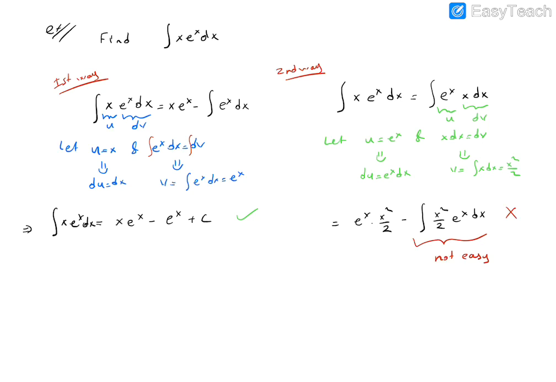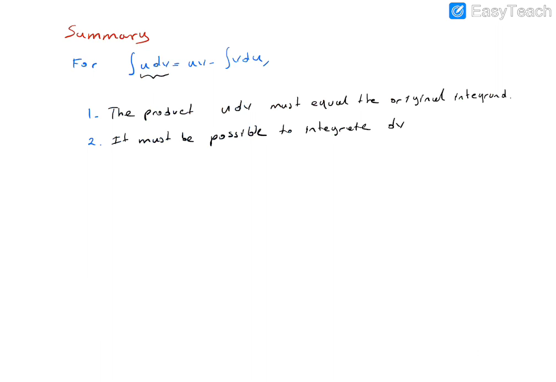By calculating the integral of the left side, you can decide the v. First of all, you need the v. So because of this reason, it must be possible to integrate dv. I mean, by using standard formulas or simple substitutions, you should be able to easily calculate the v from the dv.